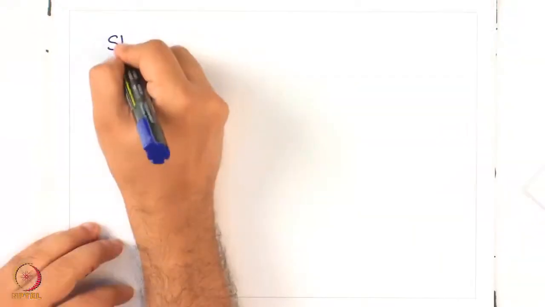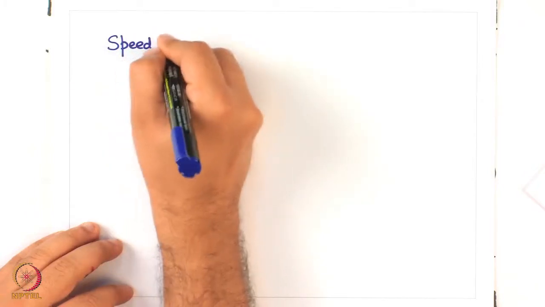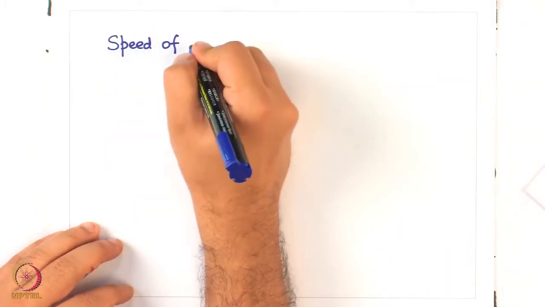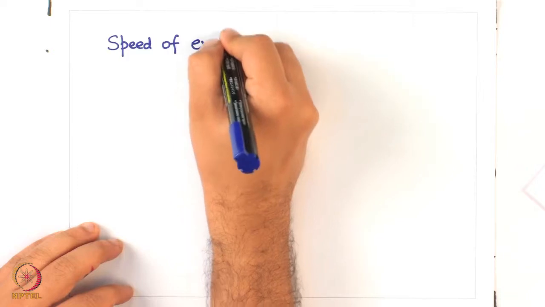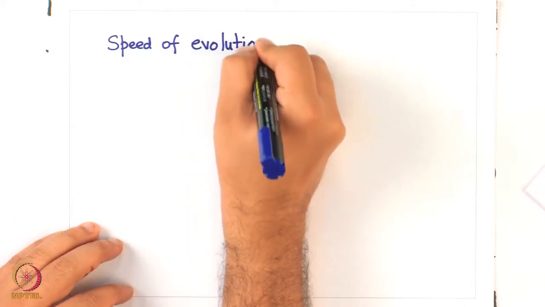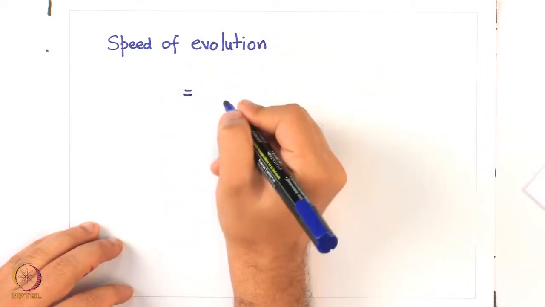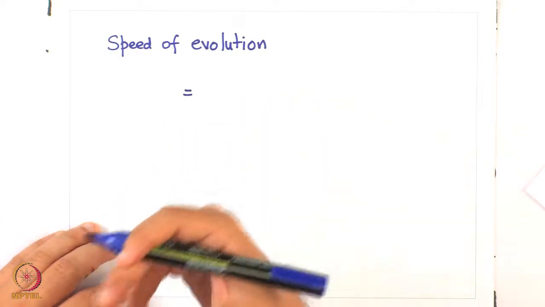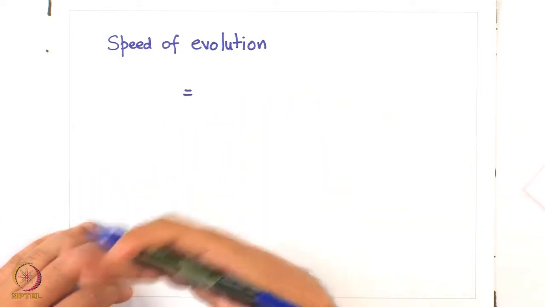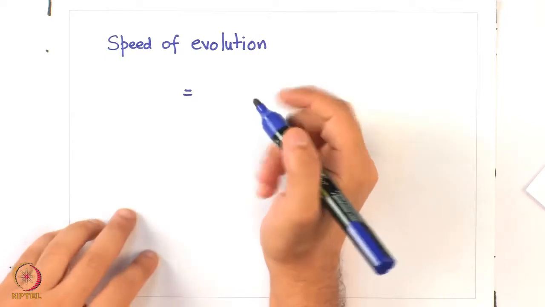Another way to think about this is that our goal is to try and estimate an expression for the speed of evolution. So, another simple way to think about this is: speed of evolution is just equal to, if I were to ask you that in one generation time, how many beneficial mutations occur?